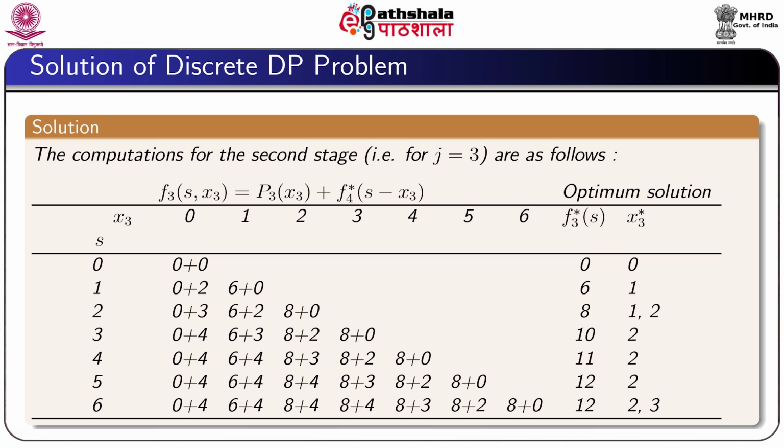For instance, in the first row availability is 0, so x_3 can take value 0 only, and when x_3 equals 0, we find the value of f_3, which is equal to P_3(0) plus f_4 star(s minus 0). Similarly, we can calculate the values for s equal to 1, 2, 3, 4, 5 and 6, and the optimal value x_3 star is also given.